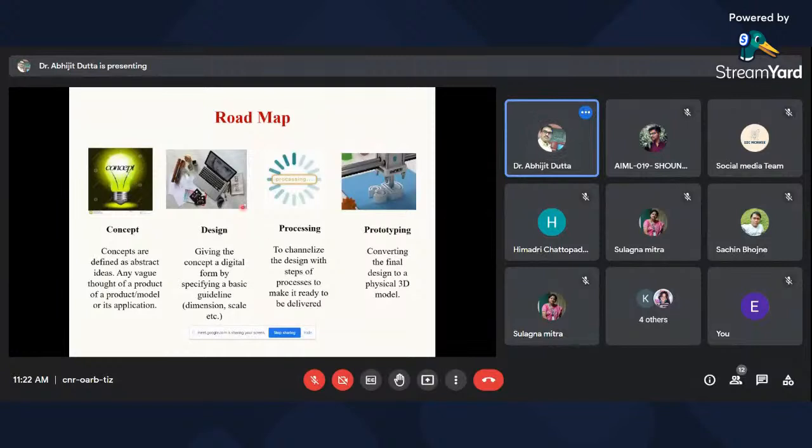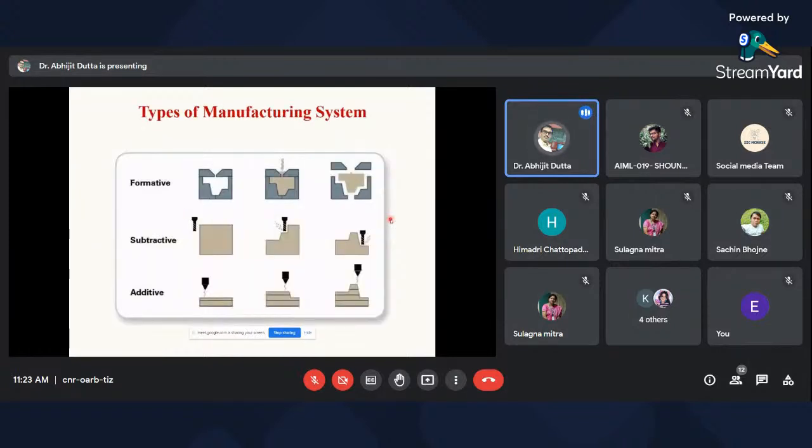Then the processing means to analyze how to find the material, the distributors, where to sell. These are the pre-processing, and then the final prototype is produced with the help of a 3D model and 3D printer. This is the final product, the prototype.